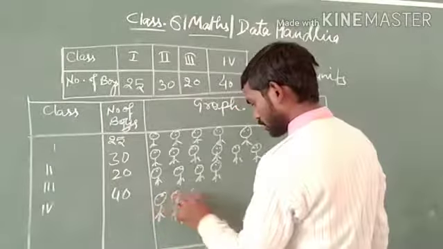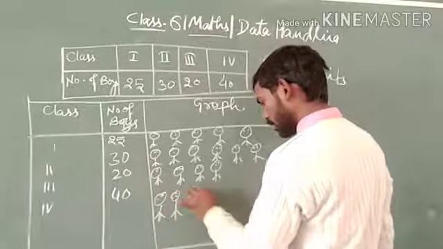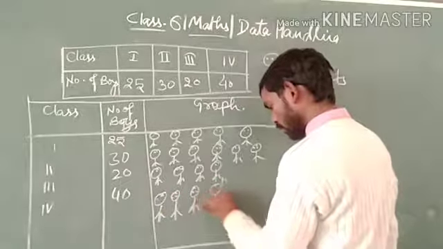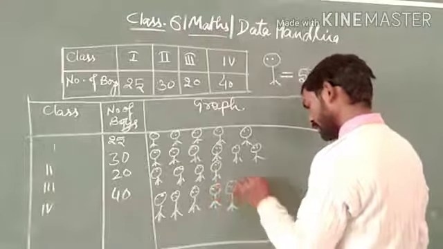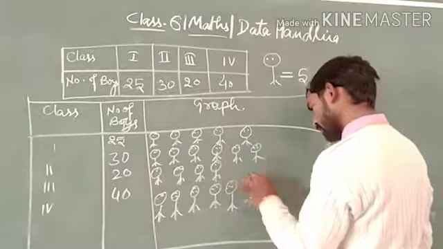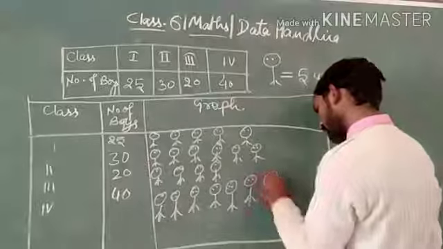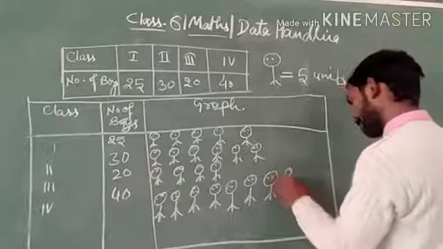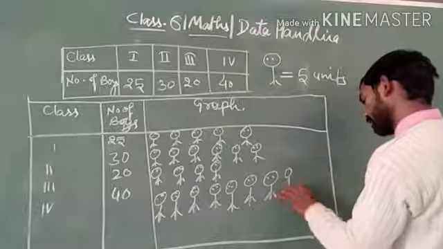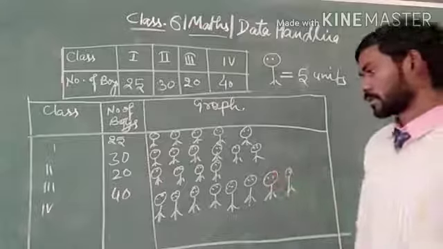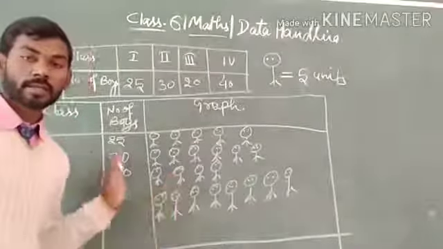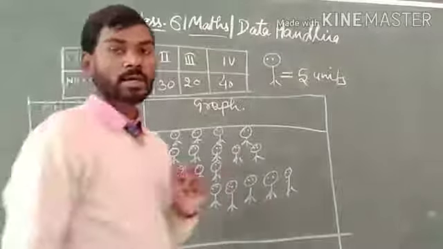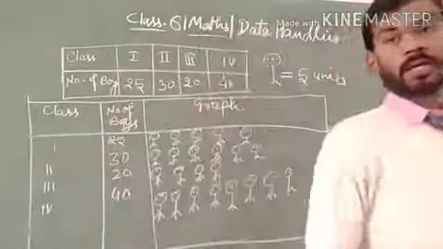1, 2, 3, 4, 5, 6, 7 and 8. So this is the pictorial representation of data.